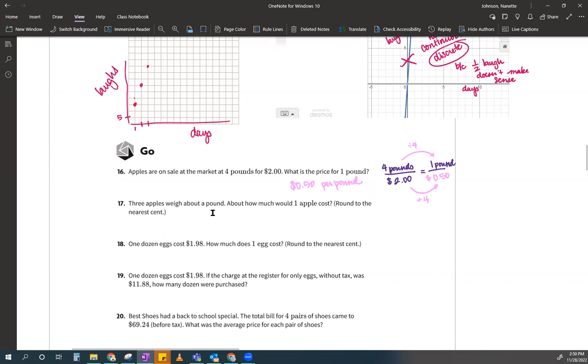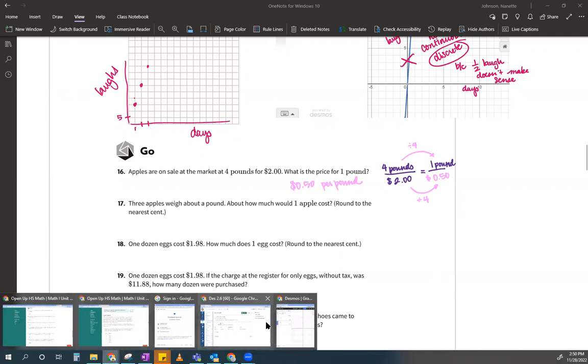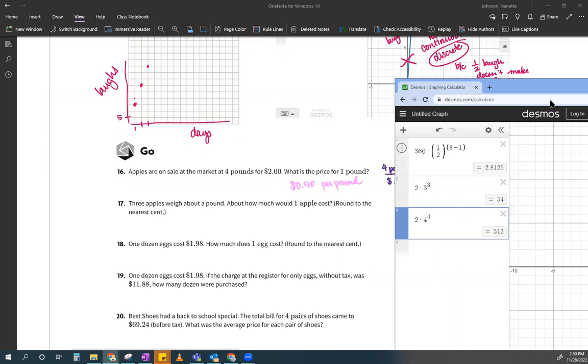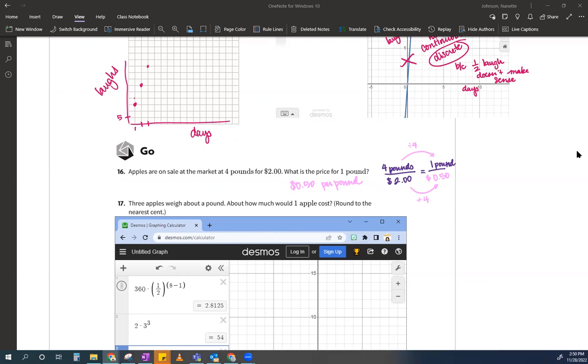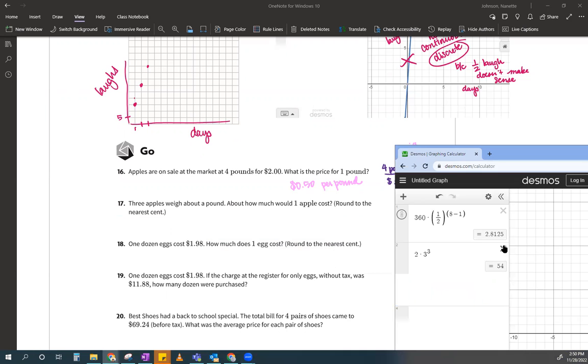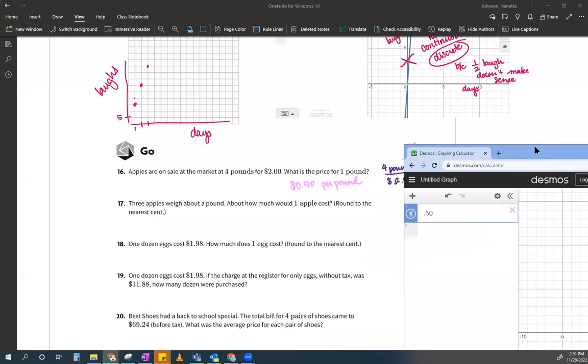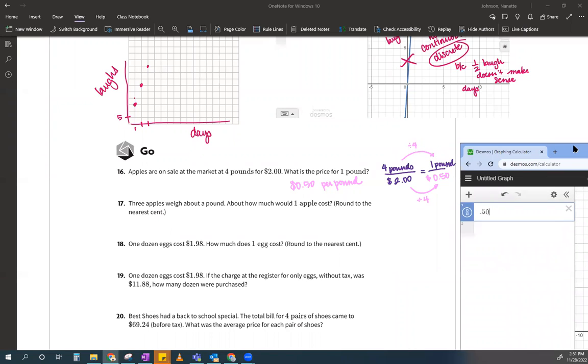It says 3 apples weigh about a pound. How much does 1 apple cost? And again, I'm just going to use my calculator. So if I already know it's 50 cents, oh, I should write this down first, sorry.